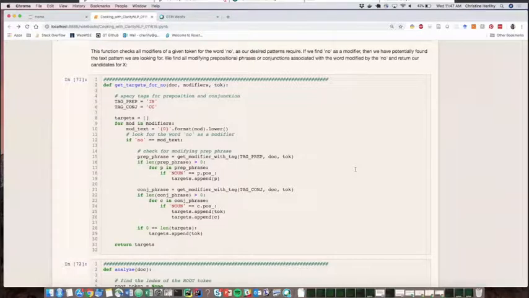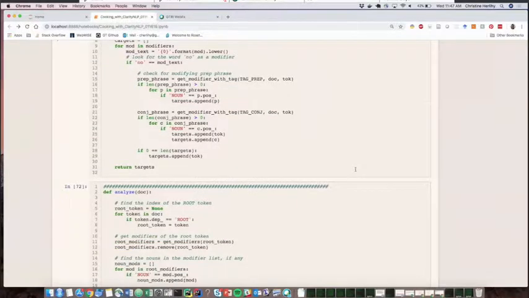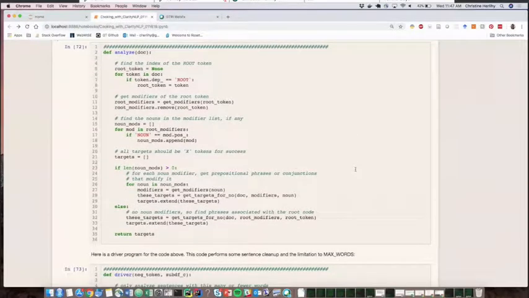Okay, so if we scroll down a bit, we can see our function analyze. That implements our algorithm. So this doc argument, that's the spaCy convention for the dependency parse. That's essentially a list of tokens, and each token has the term, and the tags, and various other information in it. So we scan through that token list and find the root. Then we get the modifiers of the root token, if any.